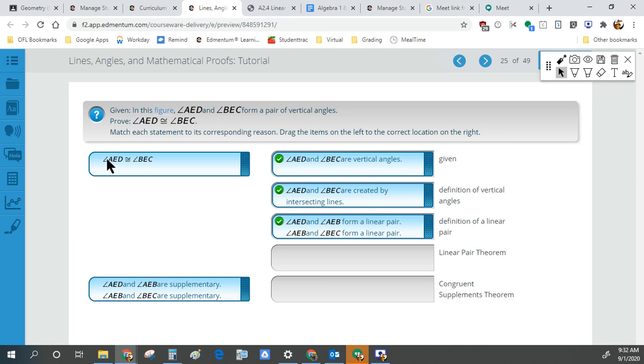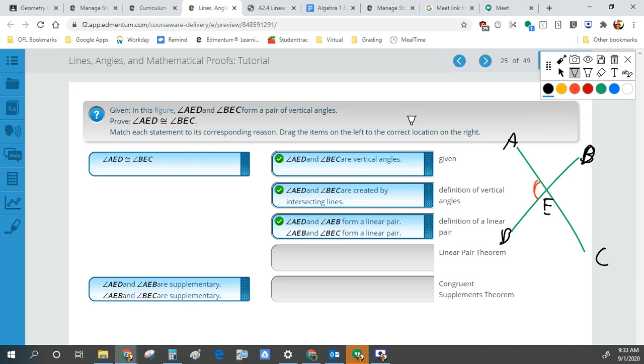So I really should have taken a picture of that. But it's basically saying that this angle, and so hold on. Let me see if I can recreate this. A, E, D, and this is B. Oops, B, and this is C. Okay, there we go.